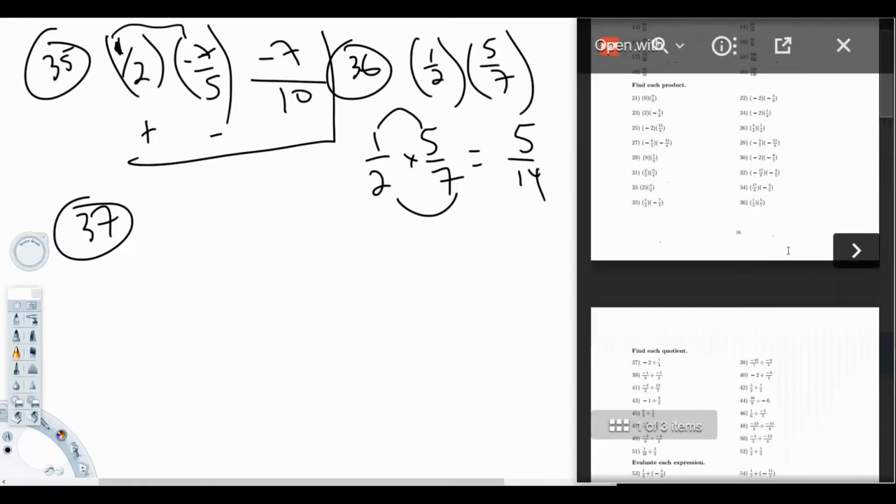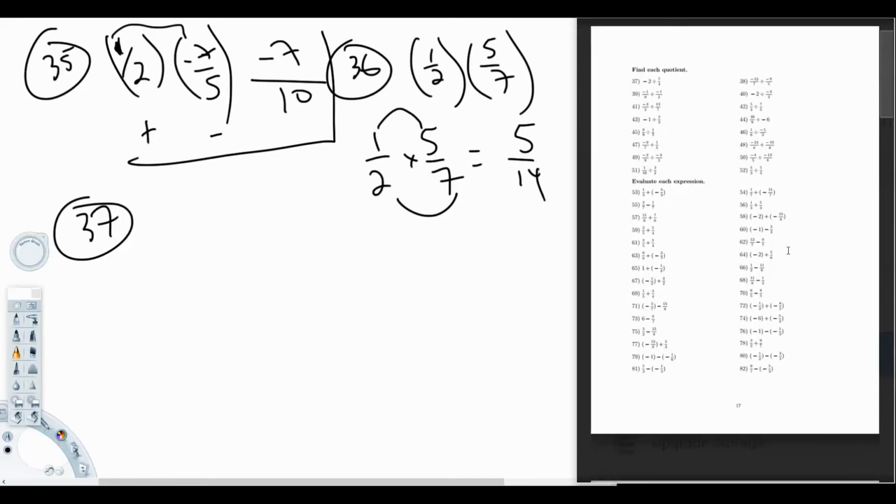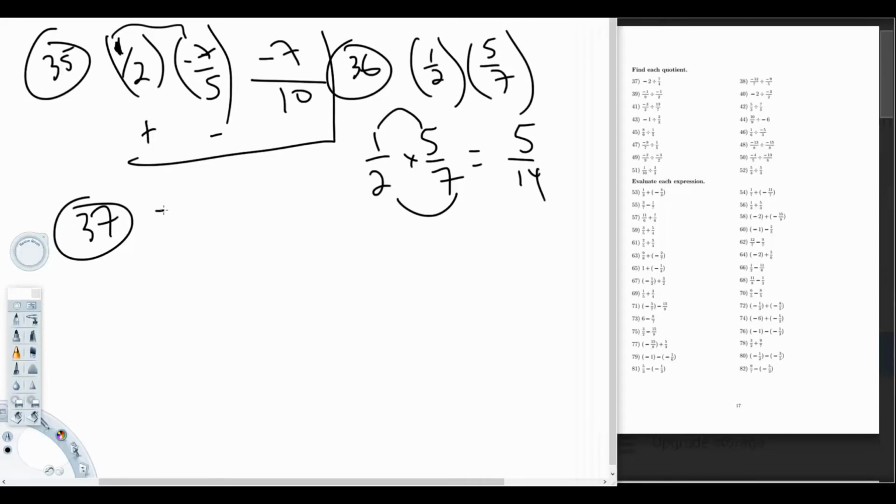Now they're going to ask us to find the quotient. So, an additional step with quotients, right? Before multiplying, you have to invert the number you're dividing by. So let's take a look at what's going on here. Minus 2 divided by 7 over 4. What they're saying here is minus 2 over 1.